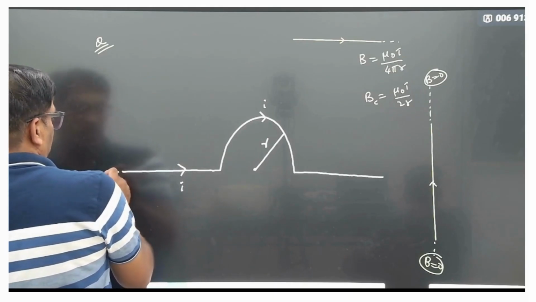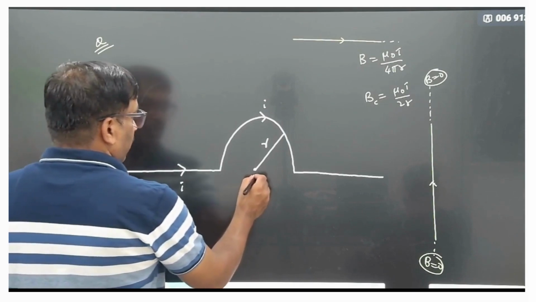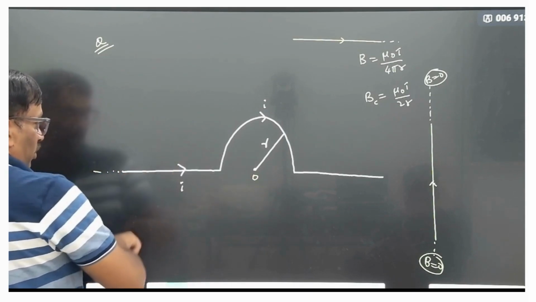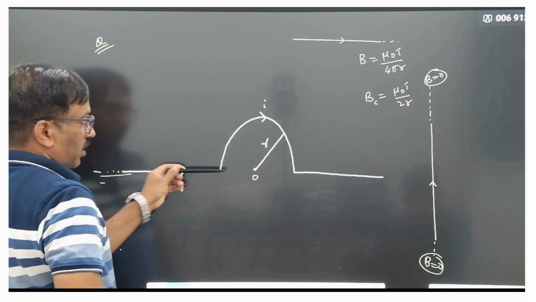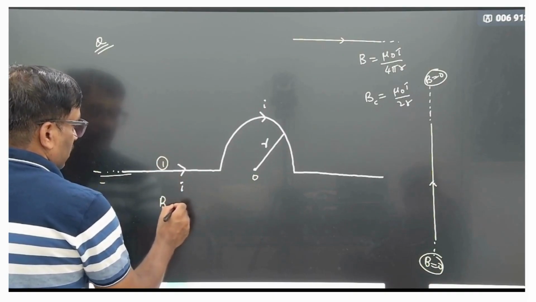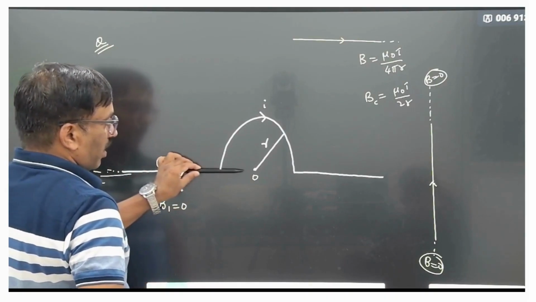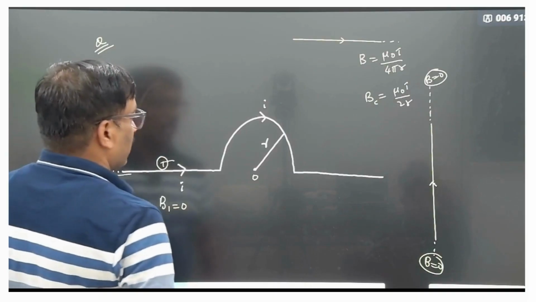So this is semi-infinite long. Here we want to calculate the magnetic field. Can you tell me what will be the magnetic field due to this wire? This wire is coming to the center. So the magnetic field due to the first wire is 0, because we are calculating the magnetic field along the direction of the current carrying conductor.